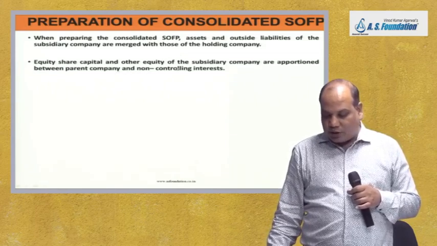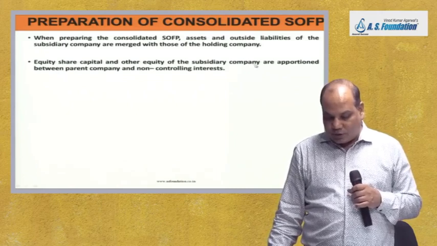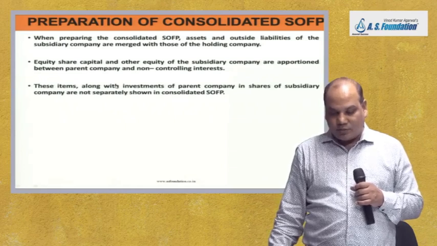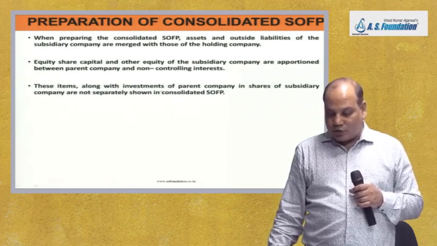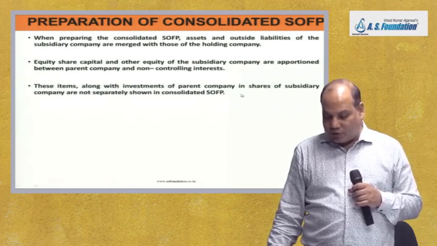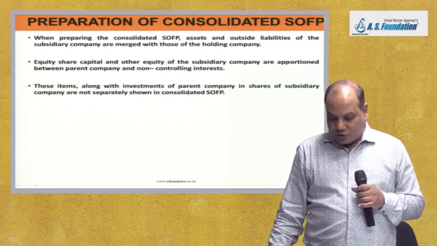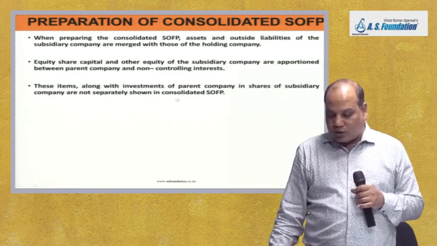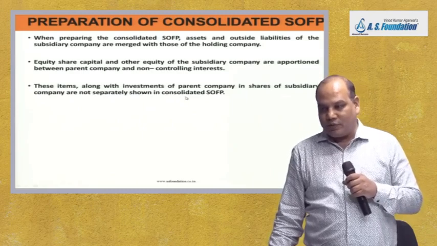Equity, share capital and other equity of the subsidiary company are apportioned between parent and NCI. These items, along with investment of parent company in shares of subsidiary company, are not shown in the consolidated SOFP.